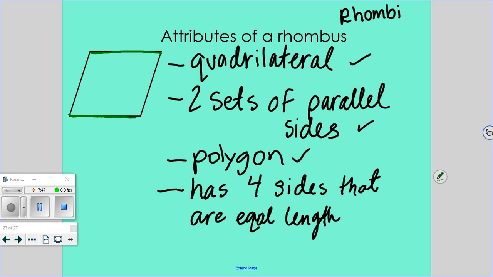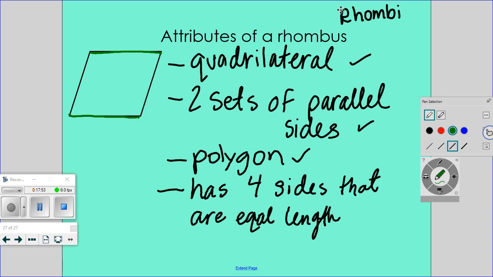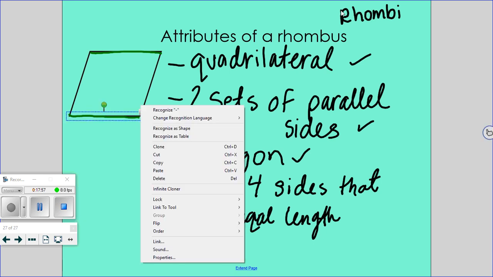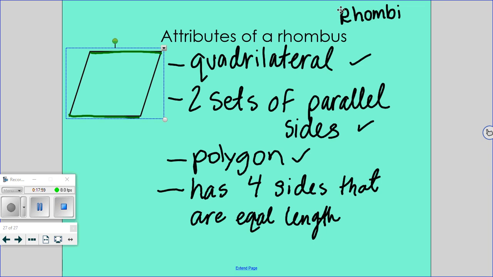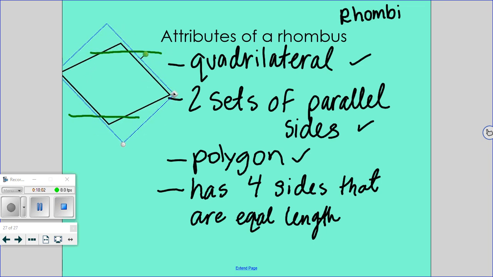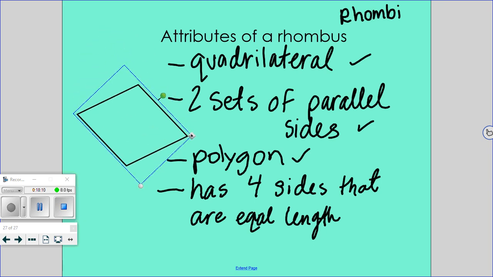We're used to that, right? So it looks like a diamond. It just looks like this, right? Or the other way. And again, Dorian, if I pick you up and turn you sideways, are you still Dorian?